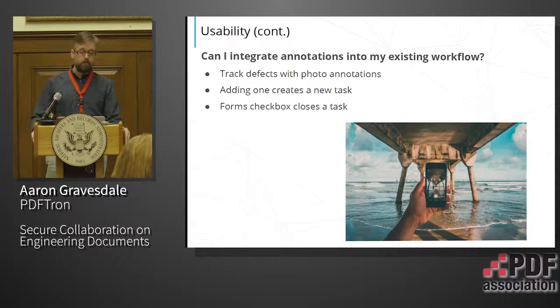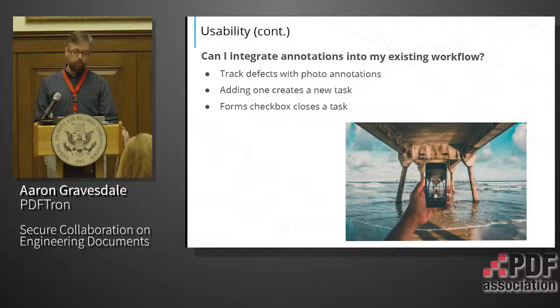And sort of related to this too is, can I integrate these annotations into my existing workflow? So, to drive an engineering project, probably what I have is a workflow system on the back end that lets me allocate tasks, and when a task is completed, then create a new task based on that. So here in this drawing, we have, theoretically, a bridge that someone is taking a picture of and saying, this is structurally unsound. And this often happens with a lot of our customers.